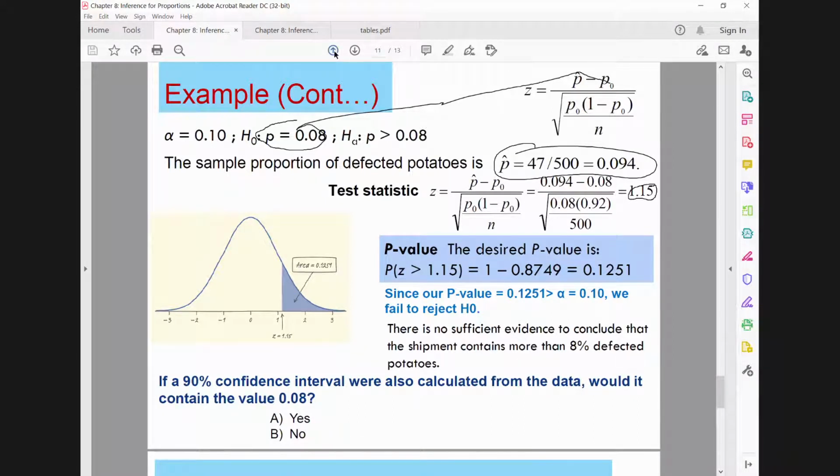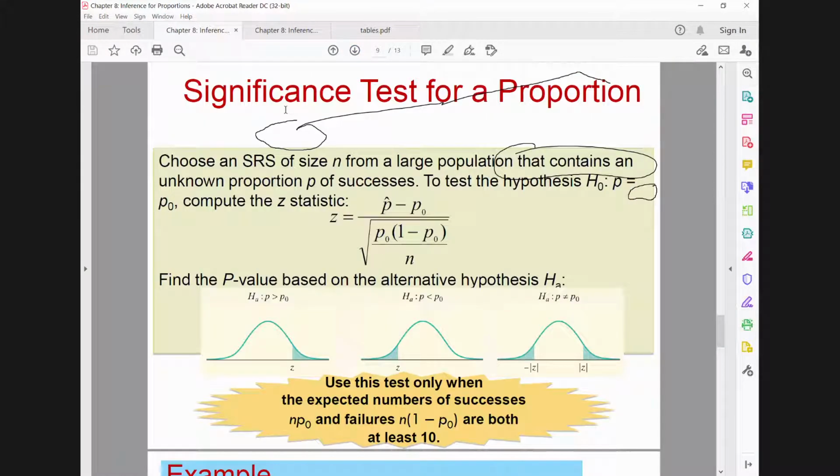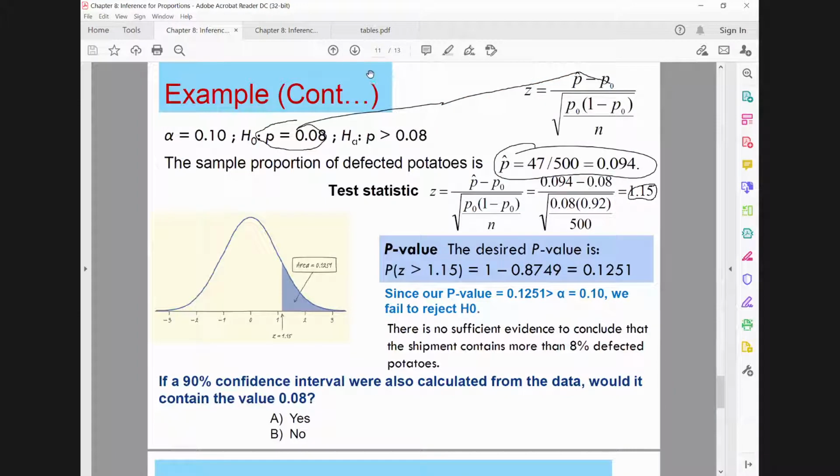In some sense, we conclude the same thing with both strategies, by using the significance test or by estimating the value p. Then we have two strategies to conclude if 0.08 is inside or not. Here, we fail to reject the null hypothesis, which means once we estimate p, we obtain that 0.08 will be there.